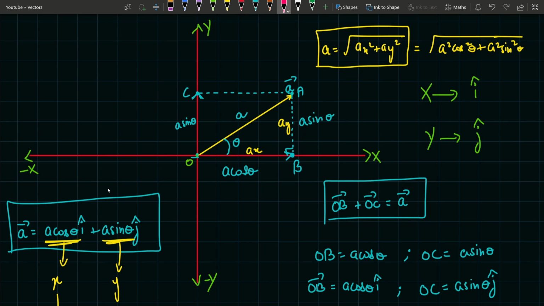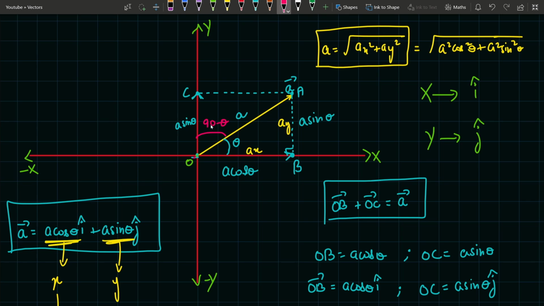See this picture in a clear way: A cos theta, the x component of the vector, is nothing but the component of vector A along the x-axis, and A sin theta is the component of vector A along the y-axis. If this angle is theta, what about this angle? This angle is 90 minus theta, or pi by 2 minus theta.